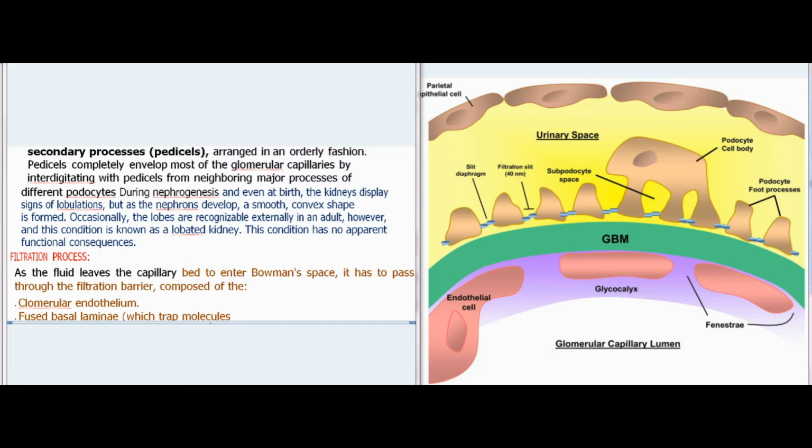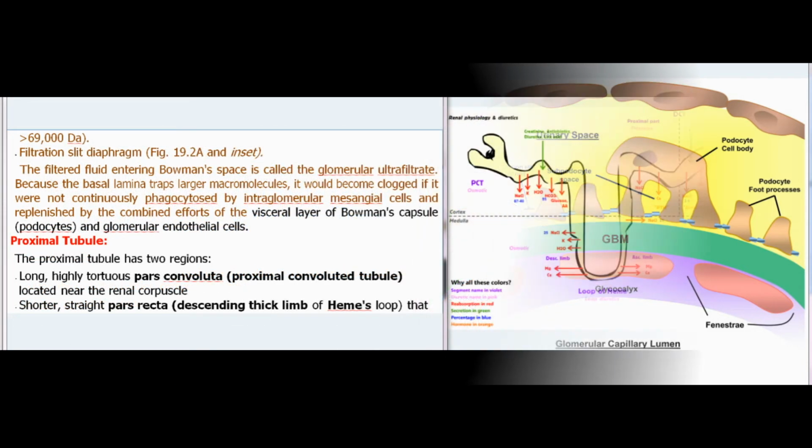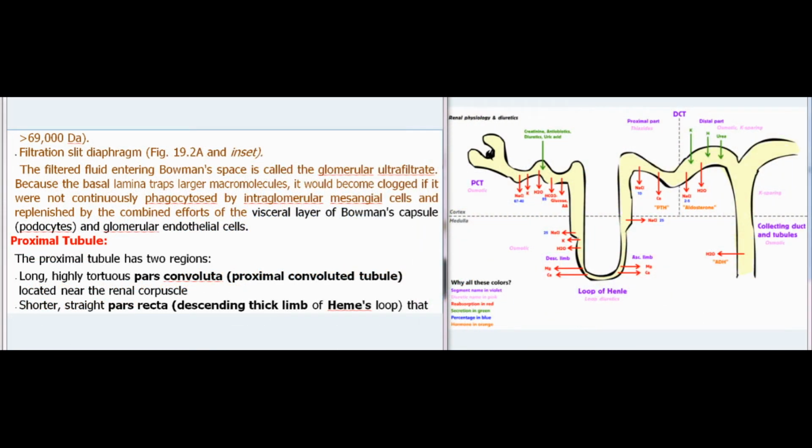Filtration process: as the fluid leaves the capillary bed to enter Bowman's space, it has to pass through the filtration barrier, composed of the glomerular endothelium, fused basal laminae, which trap molecules greater than 69,000 Da, and the filtration slit diaphragm, Figure 19.2a and inset.